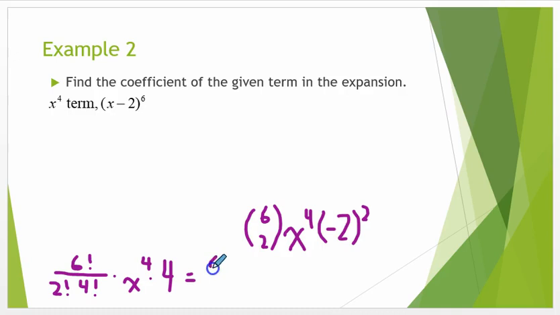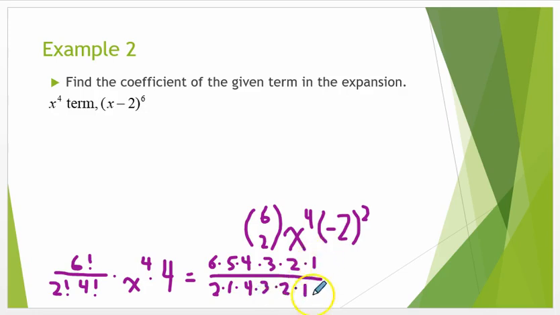So remember 6 factorial, that would mean 6 times 5 times 4 times 3 times 2 times 1. And in the bottom, 2 factorial would be 2 times 1. And then the 4 factorial would be 4 times 3 times 2 times 1.